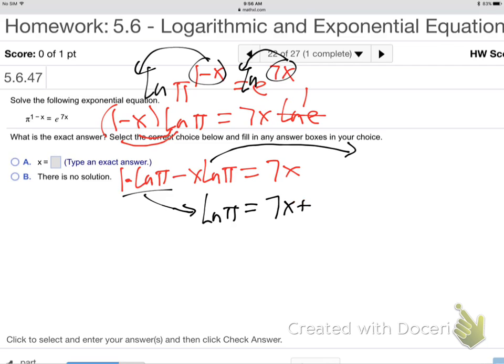This is 7x plus x ln pi. And then factor out the x. Like that, and then the last step, right? That's what we always do when we have x in 2 locations. Get them on the same side, factor out, and divide.